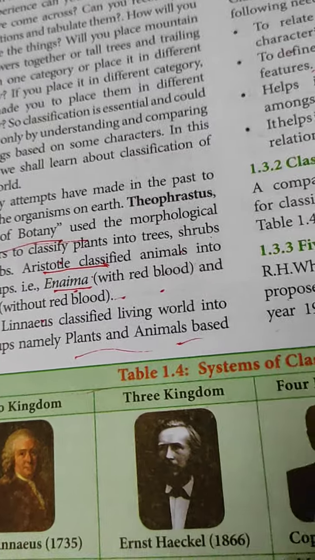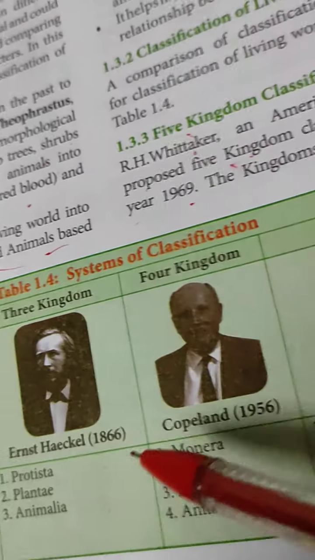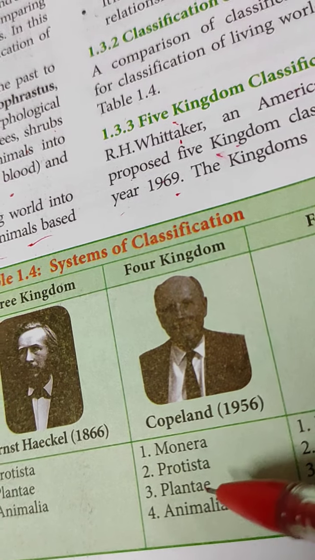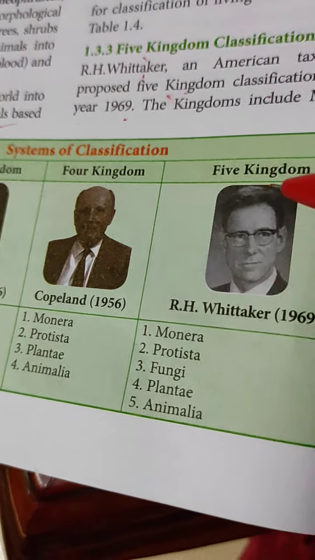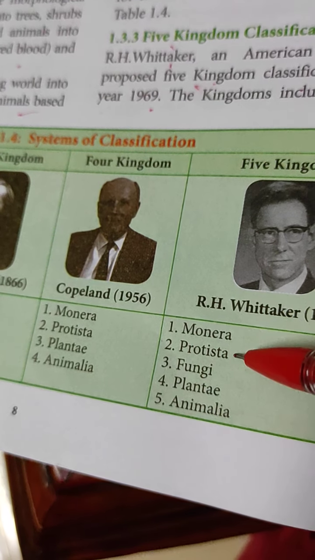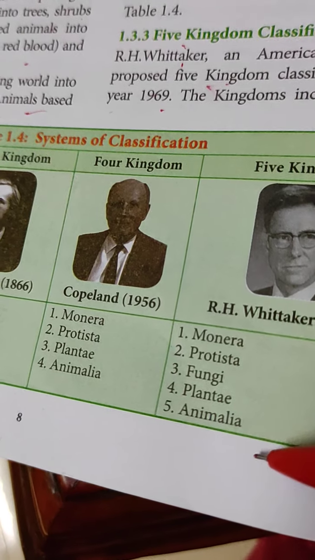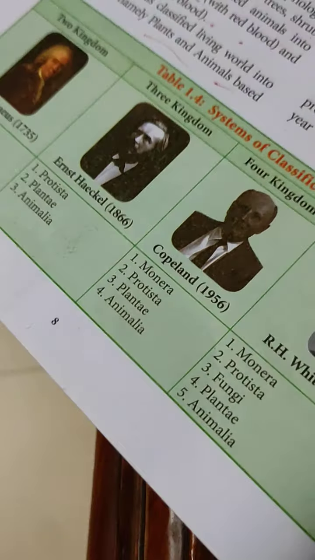Next, the 3 kingdom system of classification, Ernst Haeckel: Protista, Plantae, Animalia. The 4 kingdom system: Monera, Protista, Plantae, Animalia. The 5 kingdom system, R.H. Whittaker: Monera, Protista, Plantae divided into fungi and Plantae, and Animalia. One is added by R.H. Whittaker.